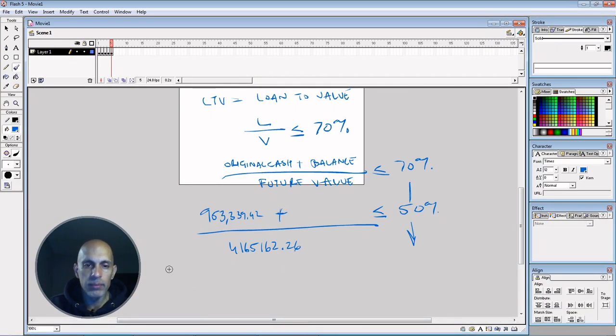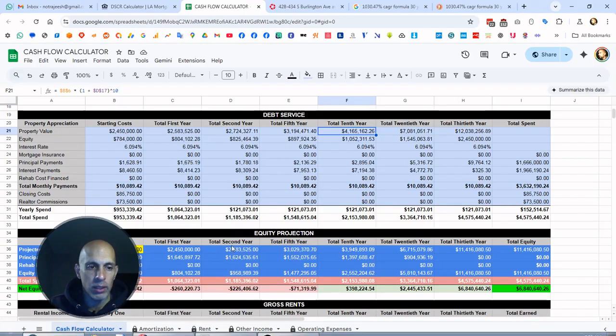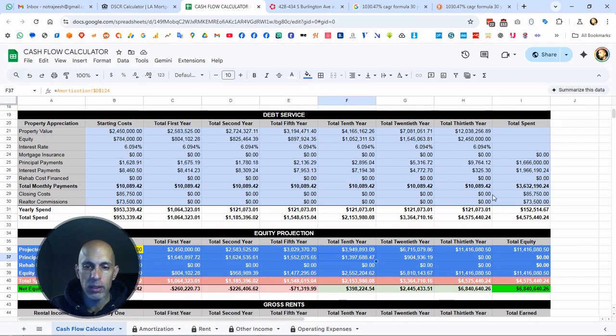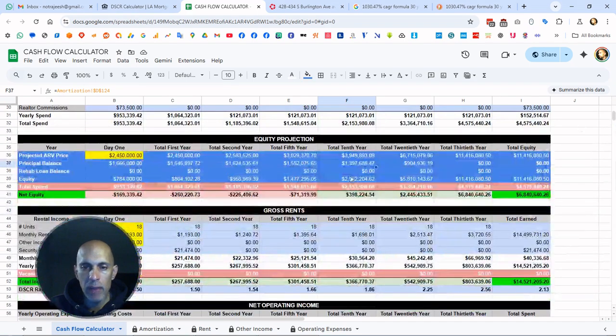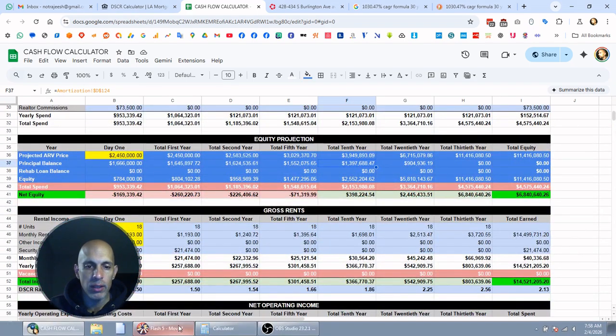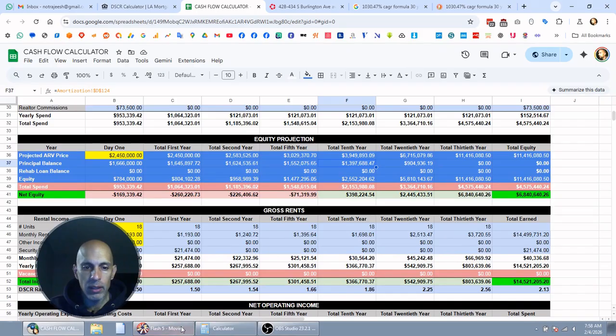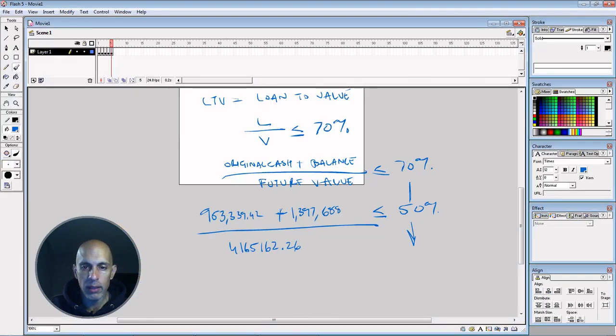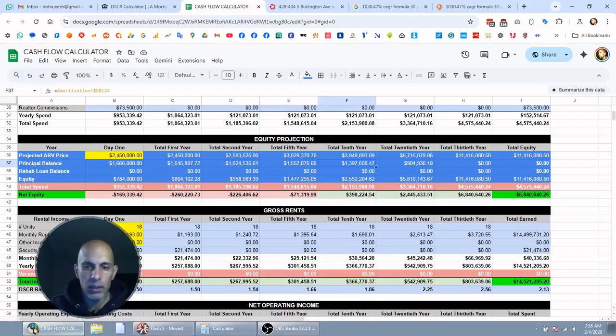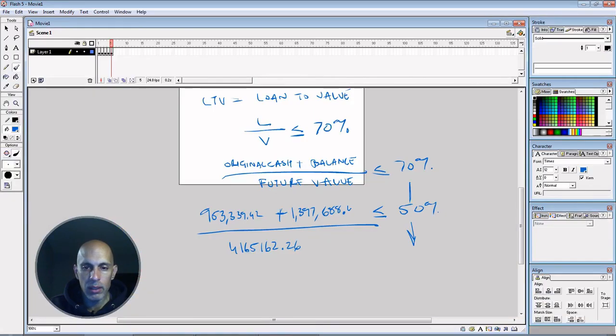And then we go plus the balance. So we look down here and we look at the balance on year 10. Year 10, the balance is $1,397,688.47.